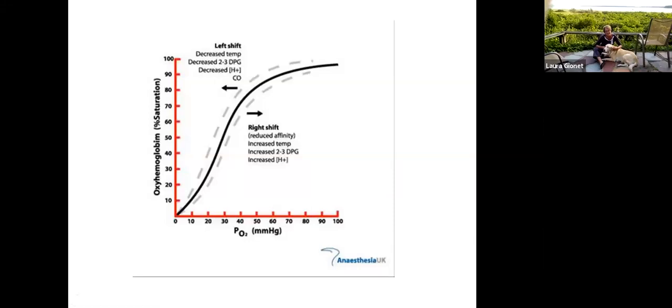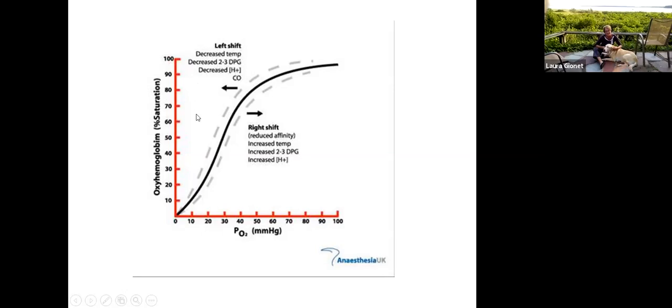So what they often refer to are right and left shifts of this line, and they'll do this in nursing also. So look at the top, it says left shift. When we have a decrease in temperature, a decrease in 2,3-diphosphoglycerate, a decrease in hydrogen ions, and ultimately a decrease of carbon dioxide, that causes oxygen to stay saturated to hemoglobin longer.